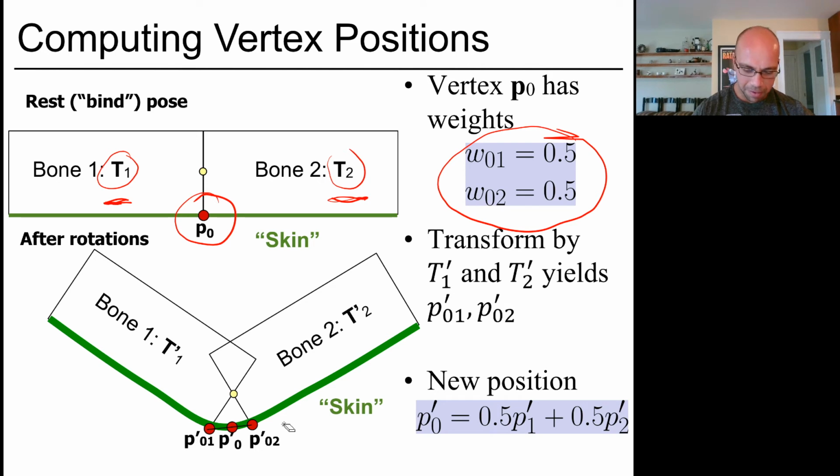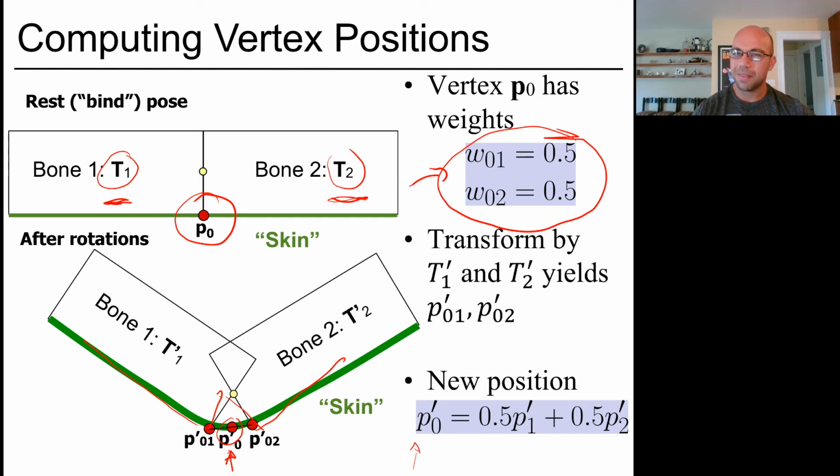If I transform it using T2, I get p02 prime. And now I'm taking the weighted average with my skinning weights, and that is what leads to the true vertex position. So notice that originally my surface here was composed of 2 blocks that basically would intersect in a bad way if I moved every vertex with only 1 bone. But because I've taken this weighted average here, what I get is actually an elbow point somewhere in between.